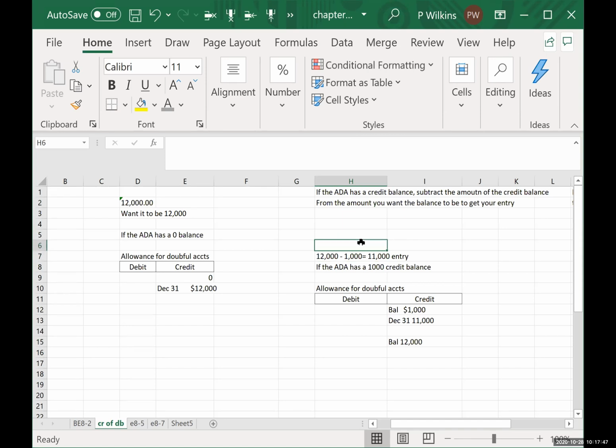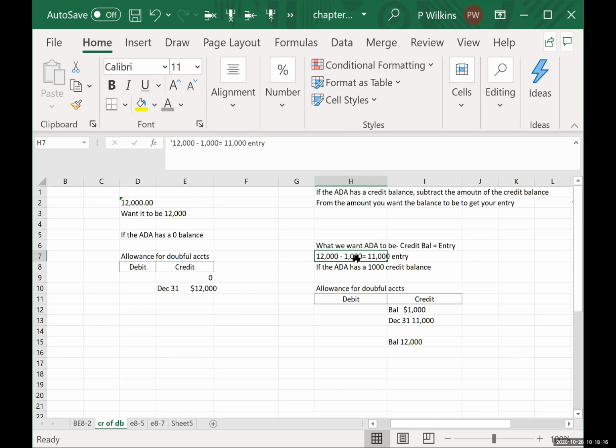So in this case, if you look below, $12,000 is what we want the ADA to be, minus the credit balance equals the entry.